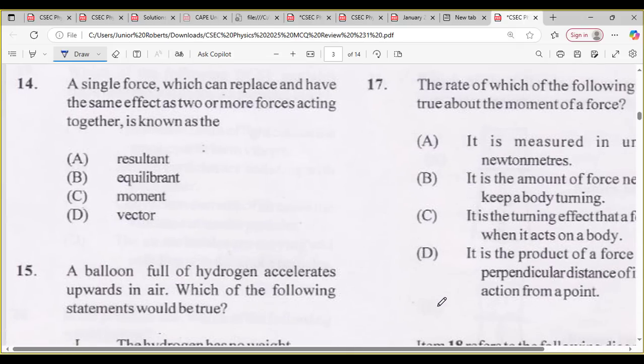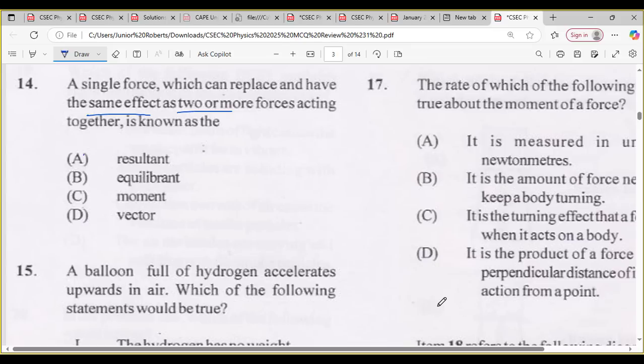Number 14 now says a single force which can replace and have the same effect as two or more forces acting together is known as the, so we have resultant, equilibrant, moment, and vector. Now, when we talk about a single force, or generally speaking, a single vector that has the same effect as multiple vectors acting, we should be able to recognize that that is what we refer to as our resultant.